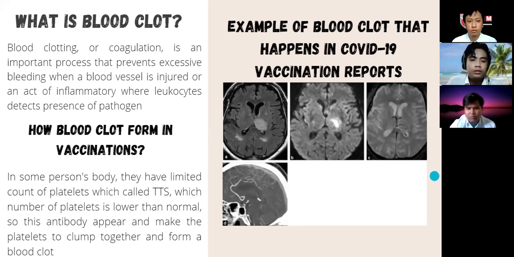It will be more sensitive to the COVID-19 protein. At the right side, we can see an example of a blood clot in the brain that happened after COVID-19 vaccination, according to reports.